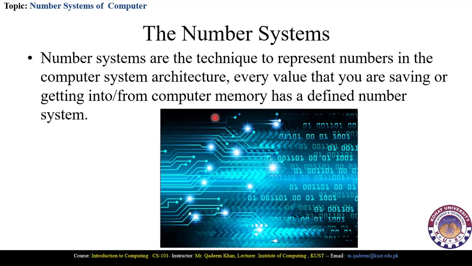Every value that we store or save in the computer memory has a certain number system. For example, an important system used in the computer is called the binary number system. In the binary number system, we have only two digits, either 0 or 1. These two digits are used to represent the different instructions as well as the data inside the computer memory.